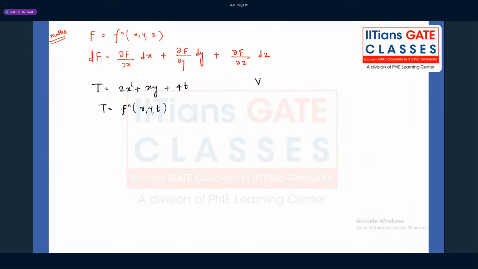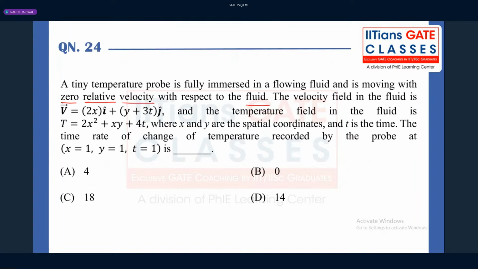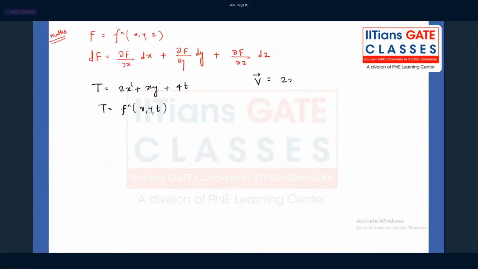And what is the velocity vector which is being given? Velocity vector is given as 2x i plus (y plus 3t) j cap. That means this is the velocity vector if you write u i cap plus v j cap, where u is given as 2x and v is given as y plus 3t.